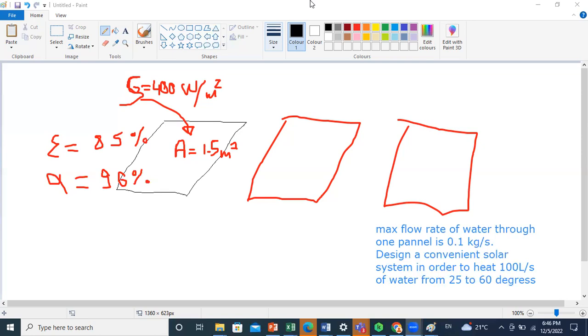Yes. In case they didn't mention losses, you will consider that the system is well insulated and will not have loss. Of course, in real case scenarios, we have losses. You know how we can take this into consideration, and we can always have a safety factor. So let's say we obtained that we should have 7 panels, for example.